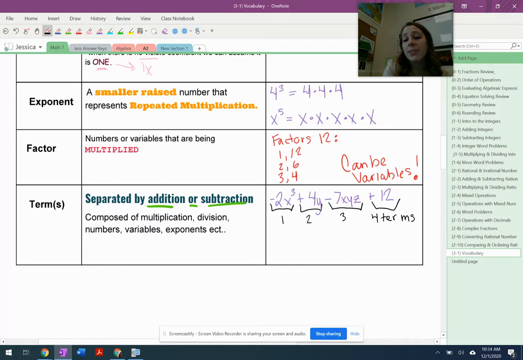Now notice this negative 7xyz, this is not more than one term because even though it has multiple variables, they're only separated by addition or subtraction. I could look at another example where I have something like 700ABCDEFG, all divided by X, and that is still one big term.